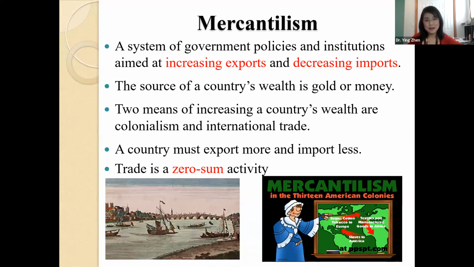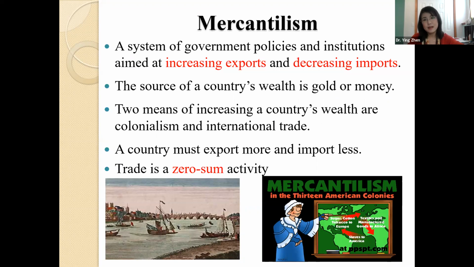So they encourage an economy to sell instead of to purchase from foreign countries. Because if an economy sells more to foreign countries than it buys from them, this would result in a flow of gold and silver to this economy, and this results in a greater accumulation of gold and silver, and this will benefit the economy.